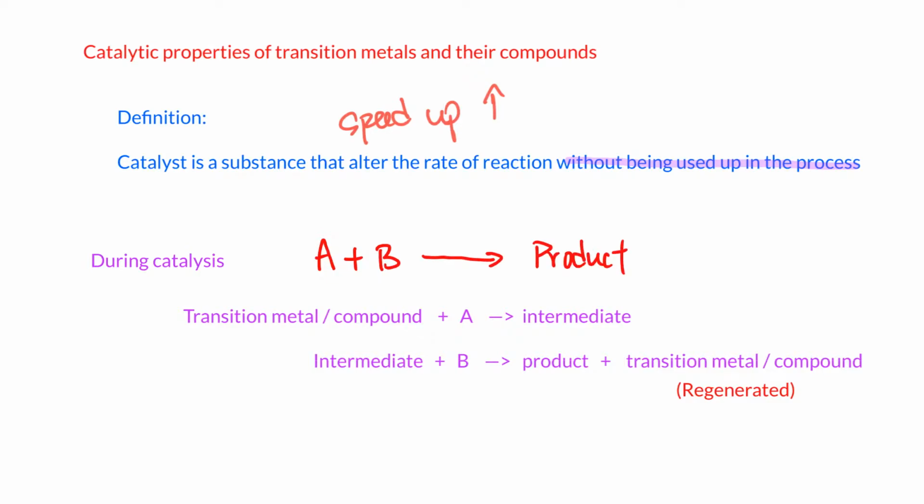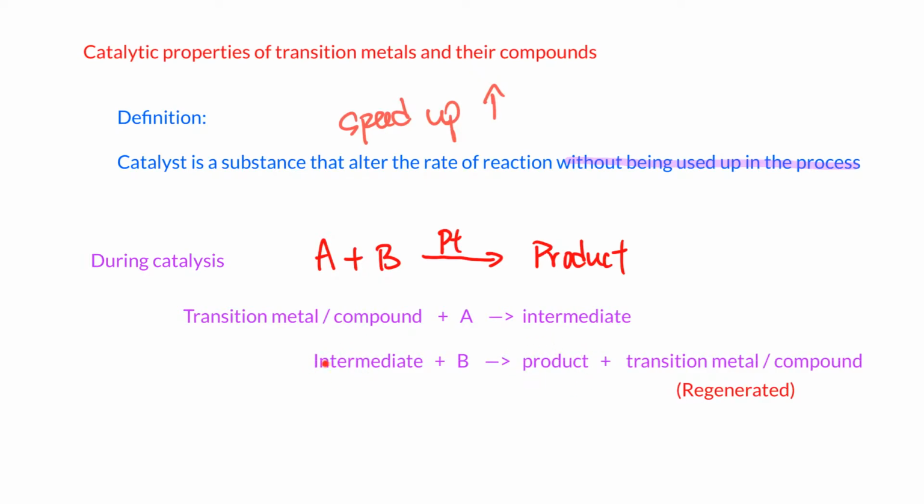When we add a catalyst, for example platinum, the platinum will first combine with A to give an intermediate. This intermediate is a complex, think of it like a compound. Then this complex will react with the other reactant, B. The intermediate combines with B, and at this moment they form the products.